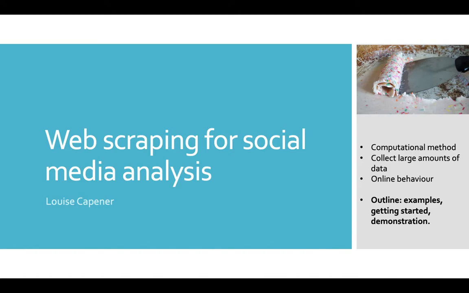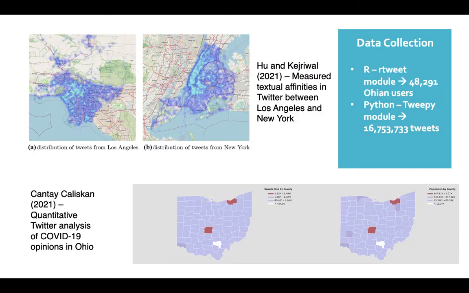So in this little video, I'm going to outline a few examples, and then I'll give you a sort of gentle introduction as to how you can actually get started in terms of coding and using these modules. So, to demonstrate the capabilities of this method, I've just picked two examples from the latest issue of the Journal of Computational Social Science. So unsurprisingly, one of them relates to COVID-19, and that's the study at the bottom.